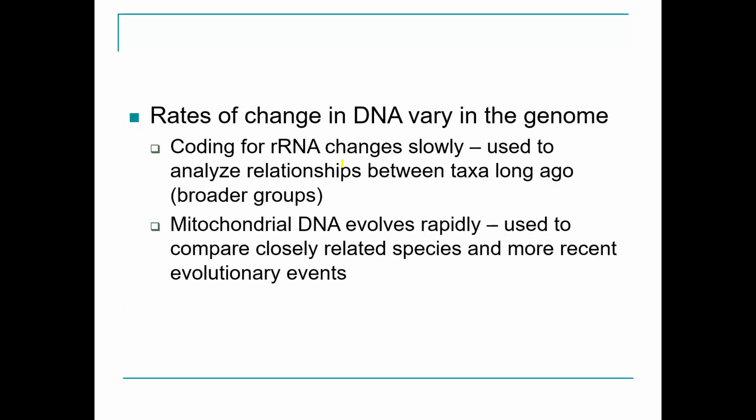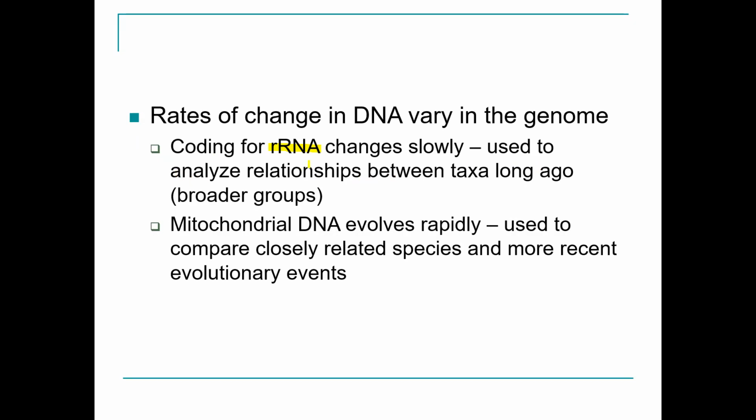And so what they do is they kind of use the concept of mutations and how quickly those mutations occur and how quickly they can add up to kind of determine rates of change. So there are some particular sequences like rRNA. It pretty much changes slowly over time. This is something that's going to be similar for the majority of organisms on the planet.